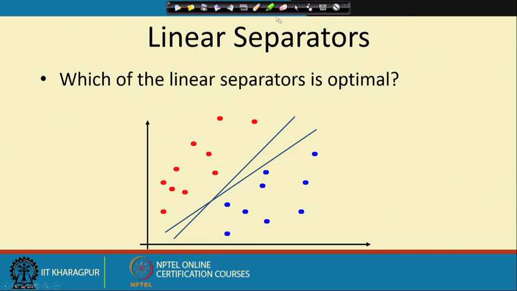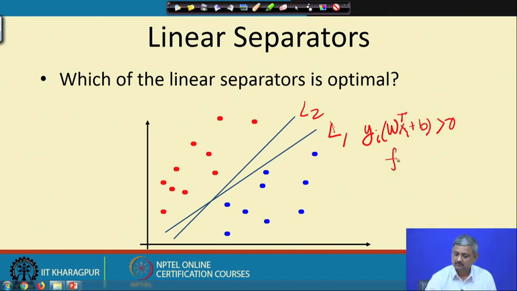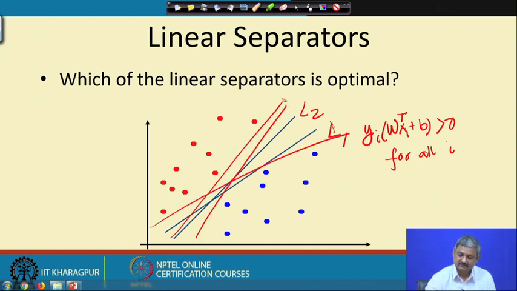So, both these lines, L1 and L2, satisfy the condition that yi times w transpose xi plus b is greater than 0 for all i in the training set, x1 to xn. In fact, if the two classes are separable, we actually showed that there are an infinite number of such lines. I can draw as many lines as I want which will satisfy this condition.